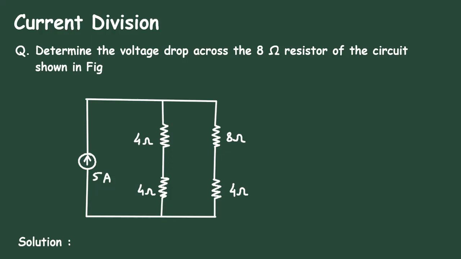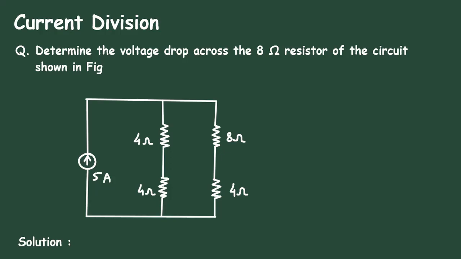So it is 1.45. Since it is resistance, its unit will be ohm.